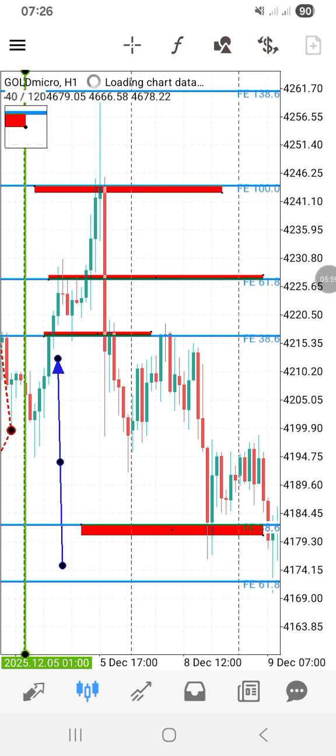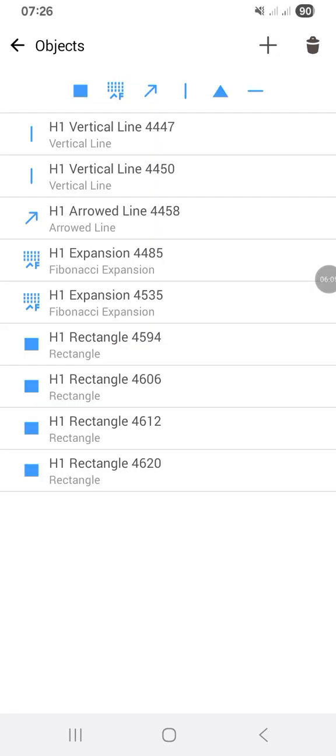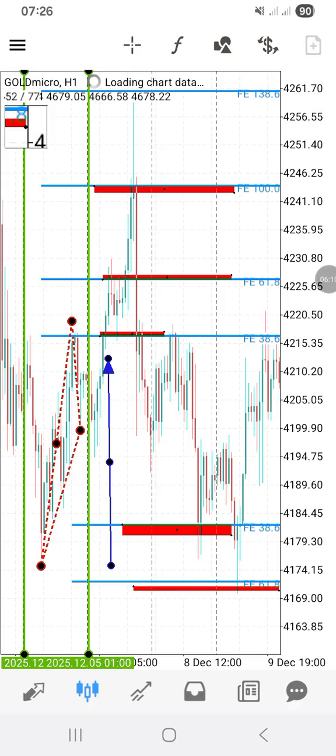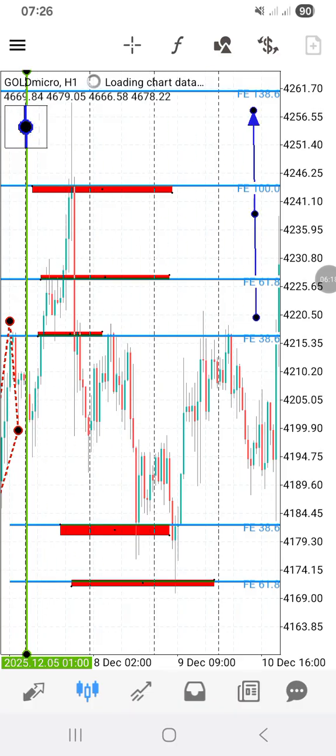This one, as you can see how the market is reacting. And then I will place it on the 61.8. As you can see, guys, now I have my supply point or resistance point, and then my demand point, which is the support point, right?